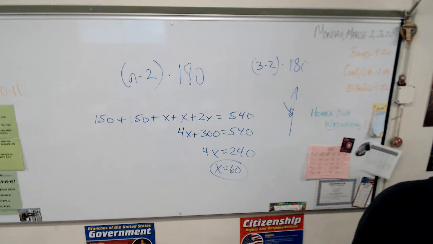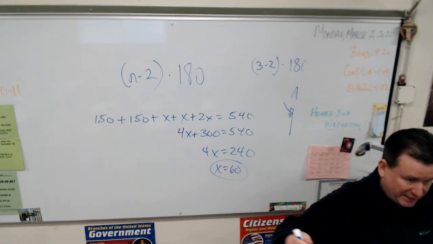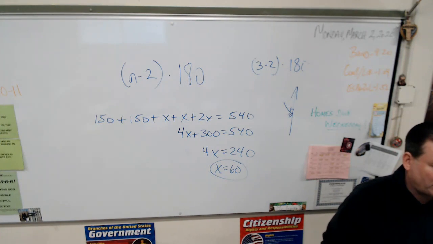So let's find out what B is. What kind of shape is that? Pentagon. How many total degrees in all pentagons? 540. What did they already tell us about 3 of the angles? So that 3 times 90 is 270. I only got 270 left. What did they tell us about E and B? They told us they're congruent.